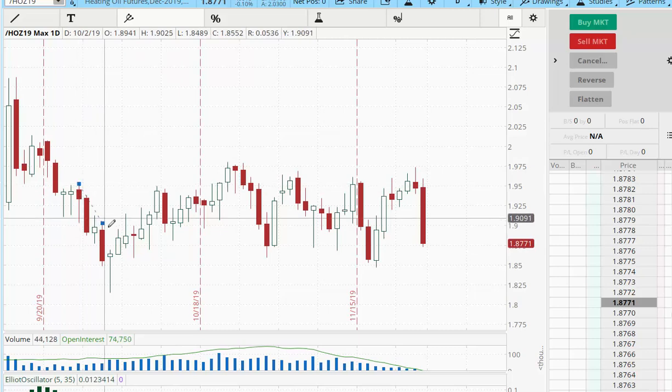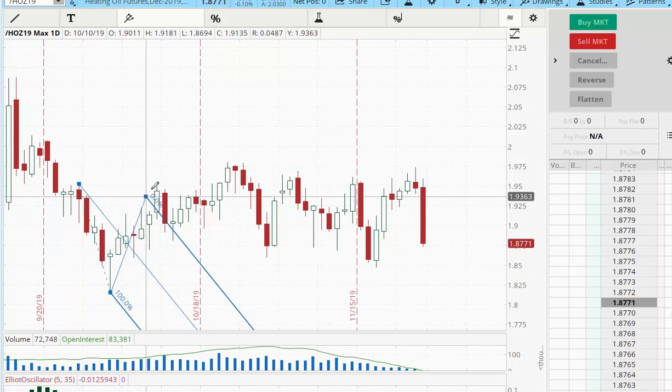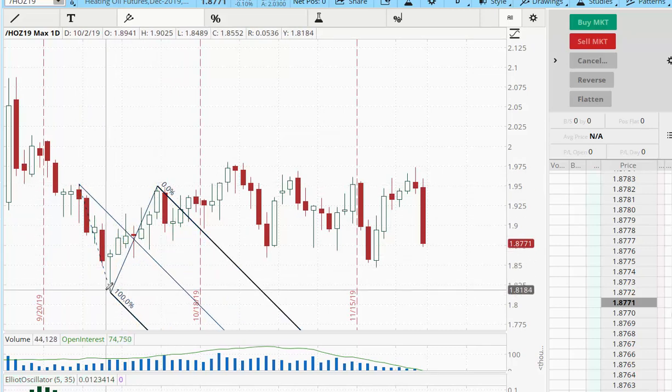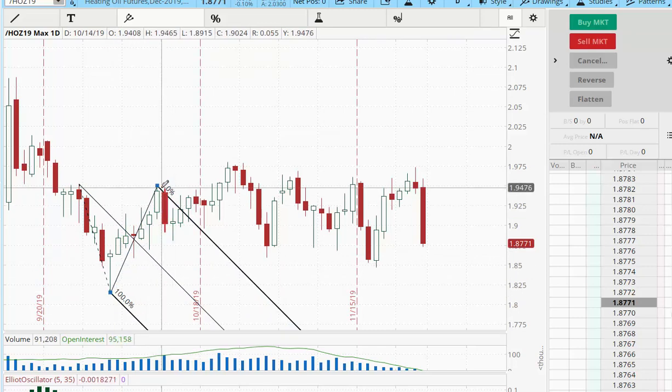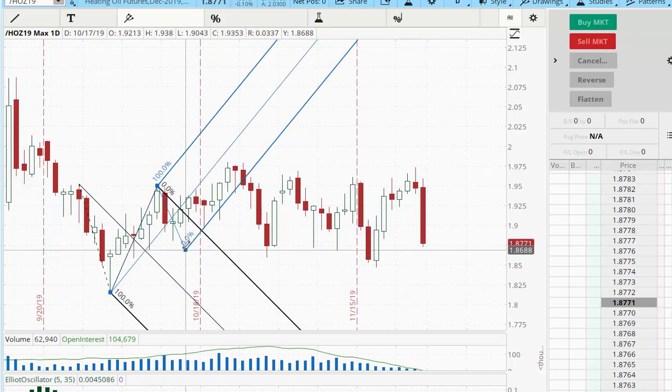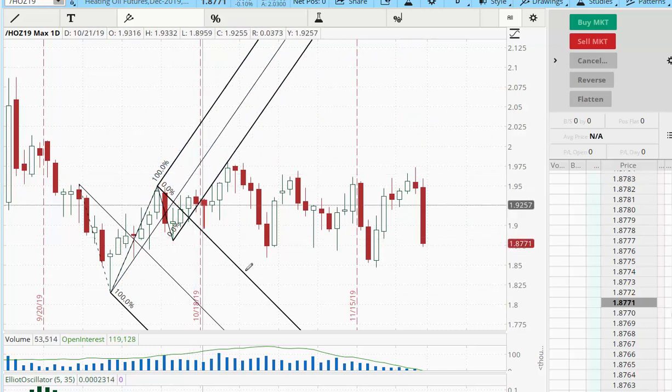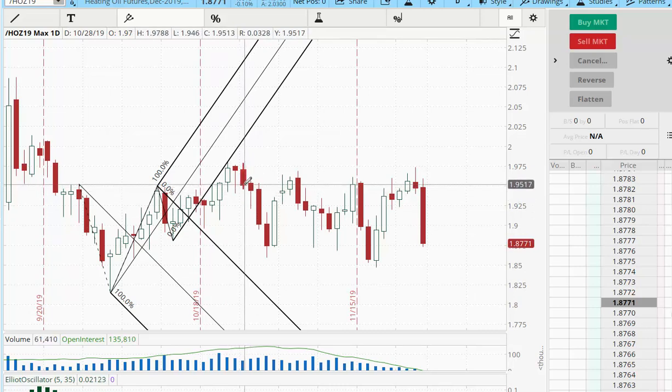Well, you draw your recent median lines, and you can instantly see this is an SO right there. If you're going to put on a trade here, this is obviously an SO. Okay, absolutely textbook.